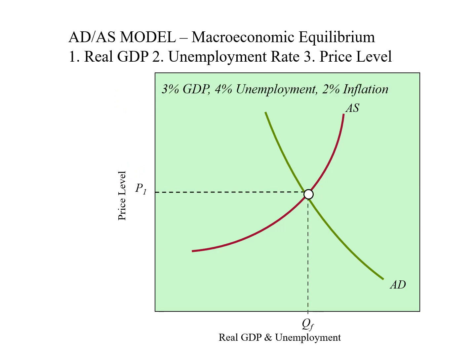This is the aggregate demand, aggregate supply model. Whenever presented with a new economic model, start by identifying what is measured on each axis. On the horizontal axis, we are simultaneously measuring two of the three important macroeconomic variables: real GDP, which, remember, is nominal GDP or economic output adjusted for change in the price level, and unemployment.